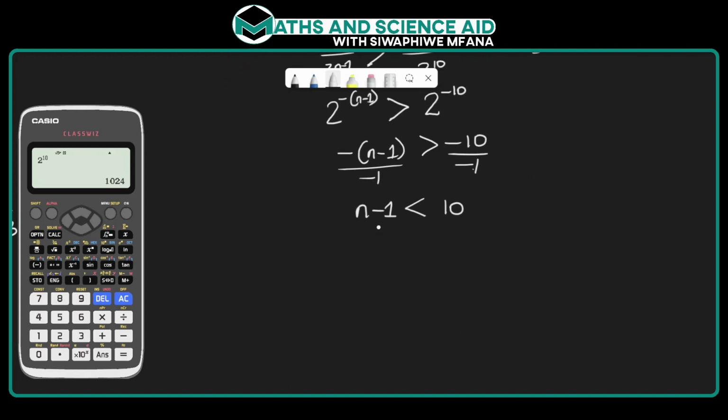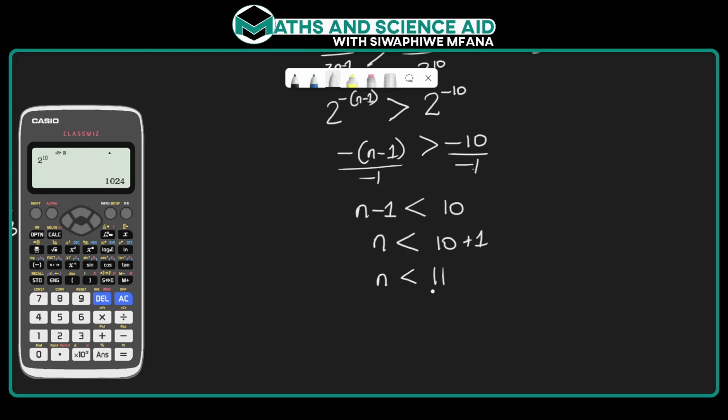And so this means that n is going to be less than 10 plus 1. If we take 1 to the right hand side, obviously its sign is going to change to positive. And so we have n is less than 11.